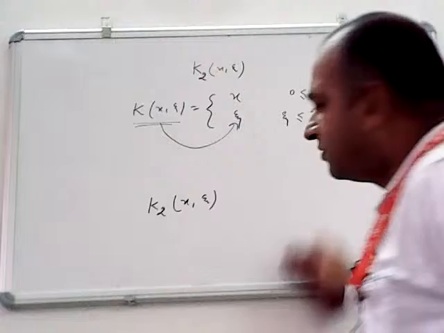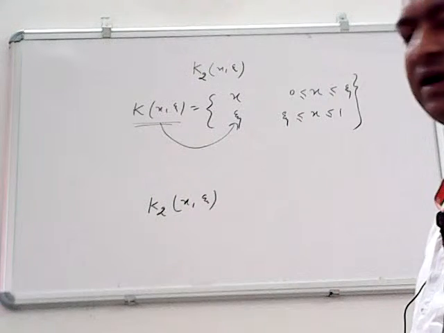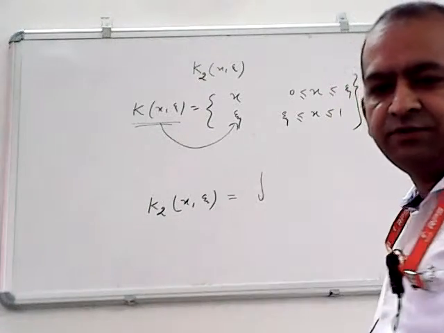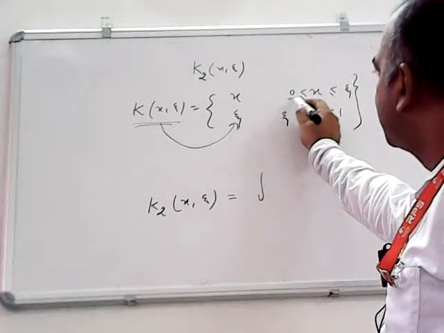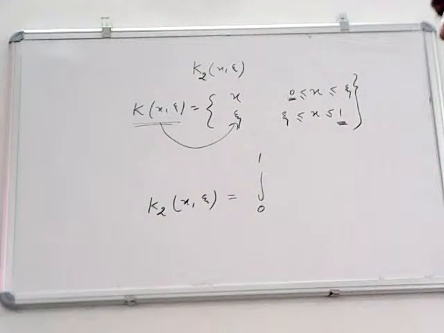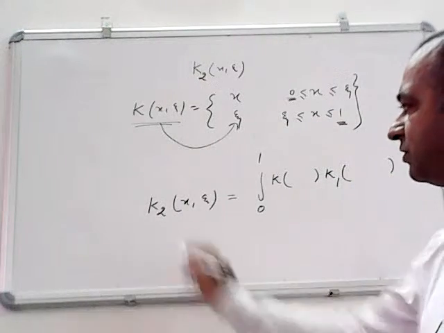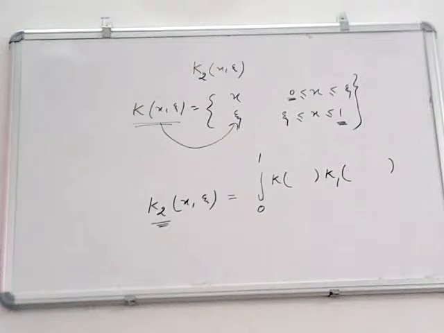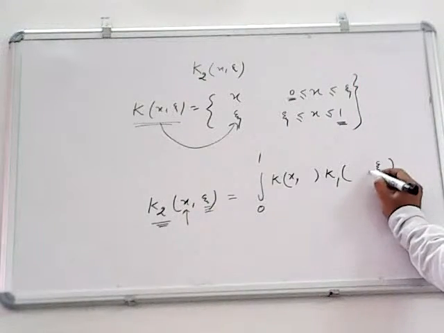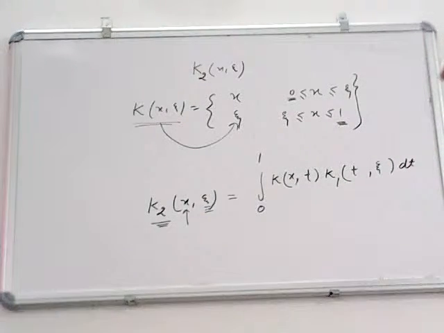According to the formula, as we are discussing the Fredholm integral equation, the second iterated kernel is equal to the integration from 0 to 1 of K1, because we are going to calculate K2, with first variable x, second variable ξ, and we can use the variable t. So this is the formula.